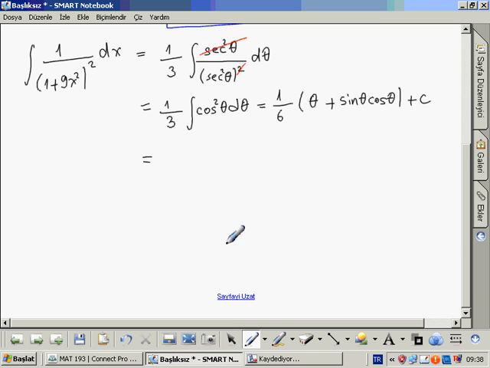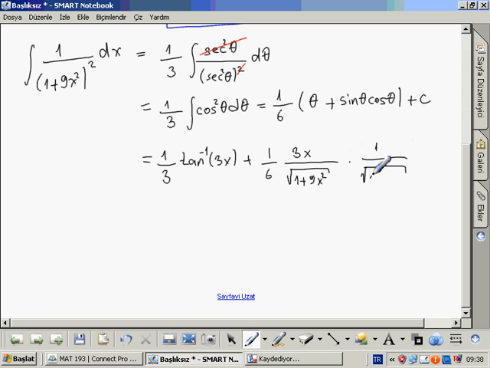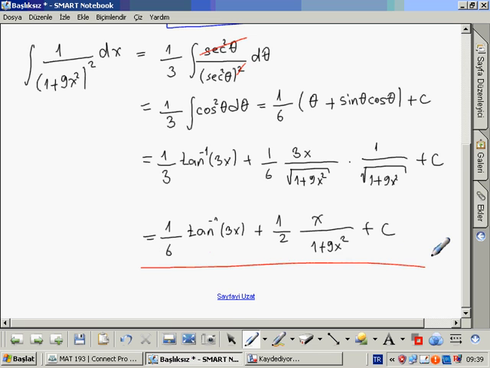And so, 1 over 3 theta, where theta is inverse tangent 3x, plus 1 over 6 times 3x over square root of 1 plus 9x square times 1 over square root of 1 plus 9x square plus c, and totally 1 over 6 inverse tangent 3x plus 1 over 2 x over 1 plus 9x square plus c.